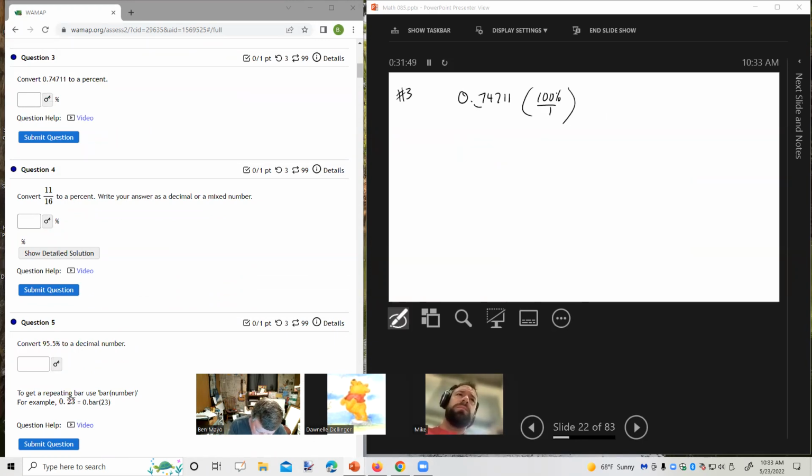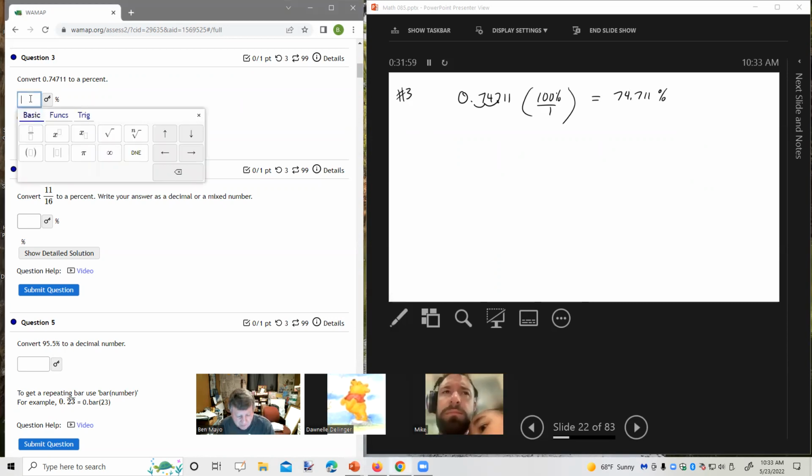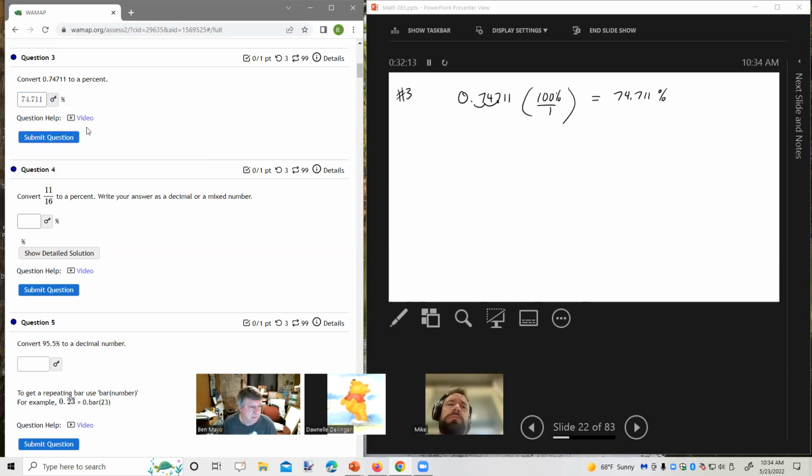Multiplying by 100 moves the decimal point 2 places to the right. So we get 74.711%. Okay.